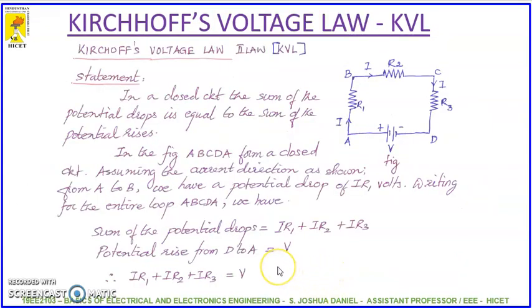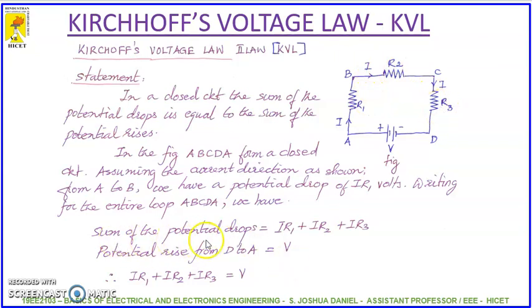So what does Kirchhoff's voltage law say, which is shortly called KVL? Here you can see a closed circuit which is formed by R1, R2, R3 and a voltage rise or a source that is denoted by V. We can find out the drops in each resistor by Ohm's law, that is IR1, IR2 and IR3.